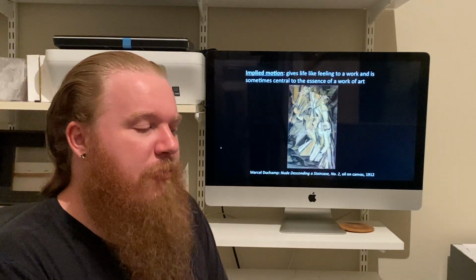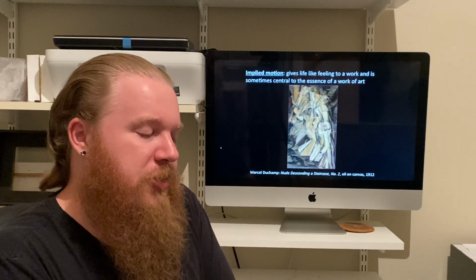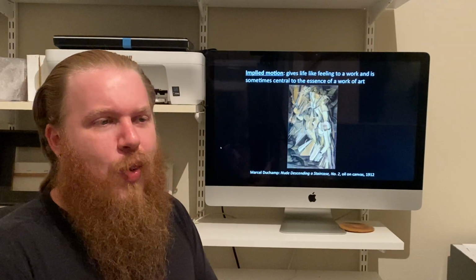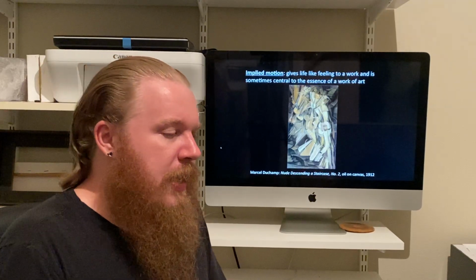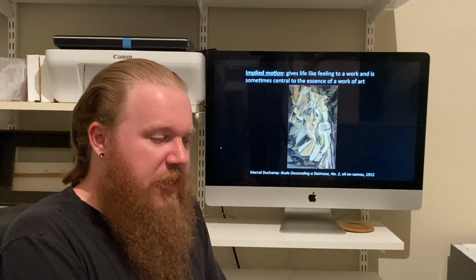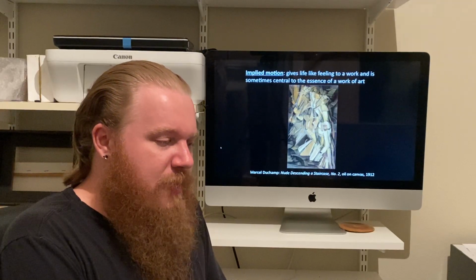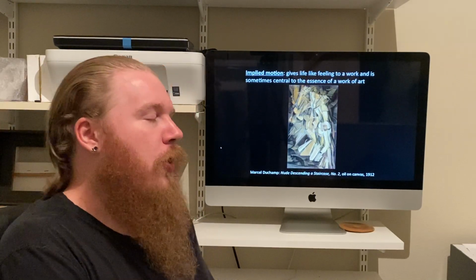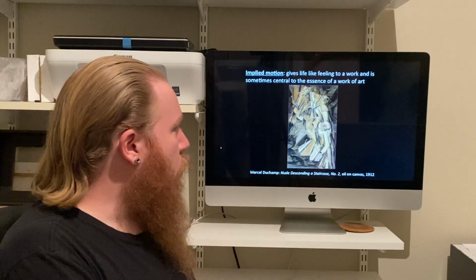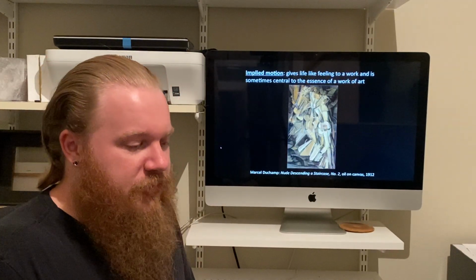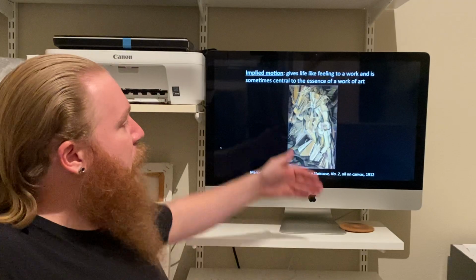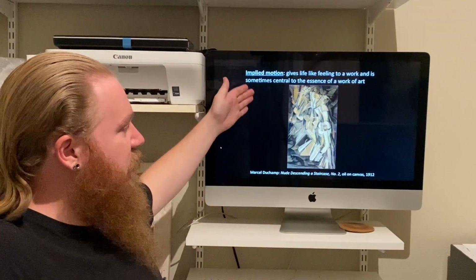Now, as opposed to time, we also have implied motion, which can also echo an idea of time as well. This gives a life-like feeling to a work and is sometimes central to the essence of a work of art. So here we can see a work by Marcel Duchamp during his early Cubist phase, Nude Descending a Staircase.